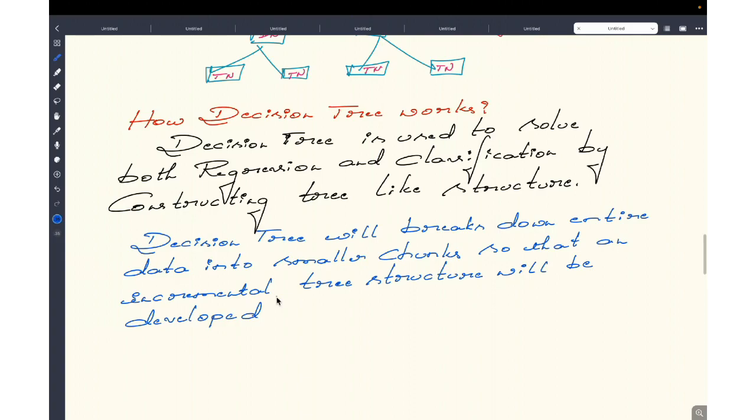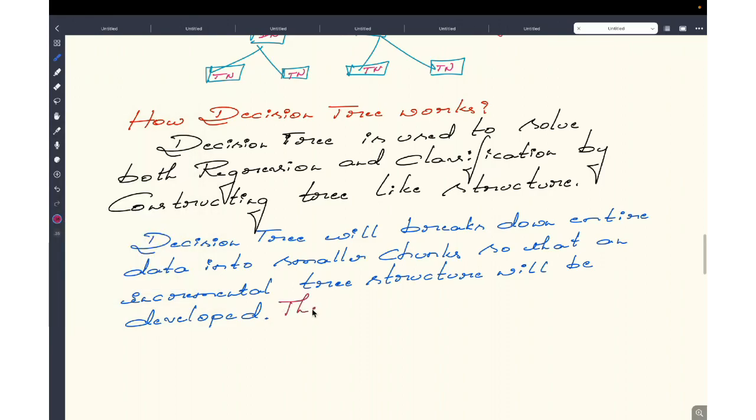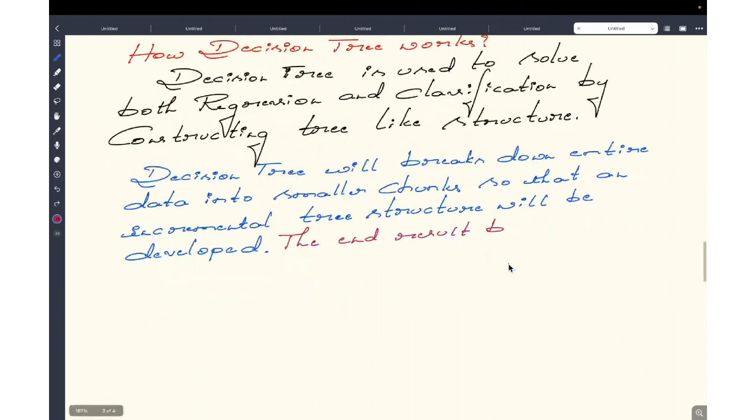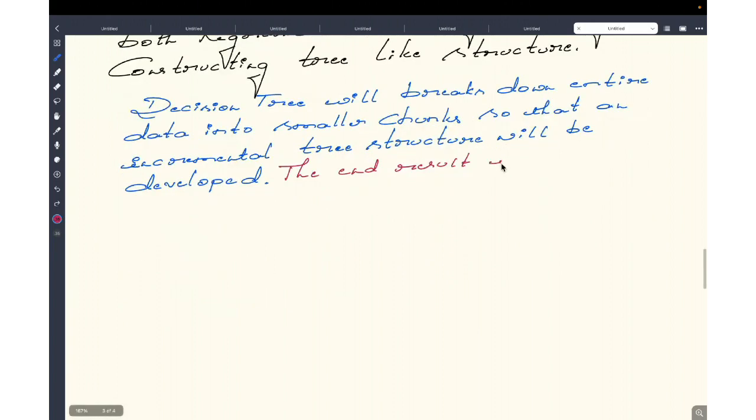So as it breaks down the entire data into smaller and smaller sections, the end result is a decision tree with decision nodes and terminal nodes.